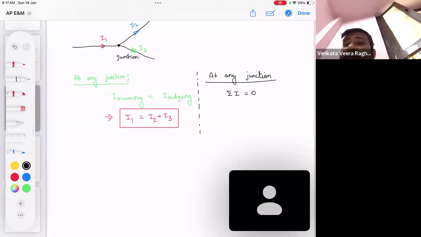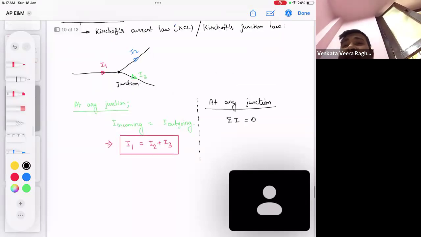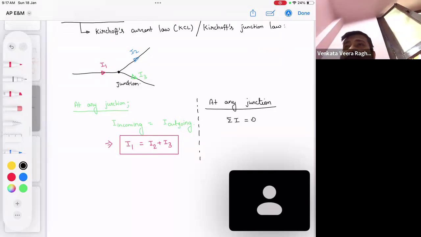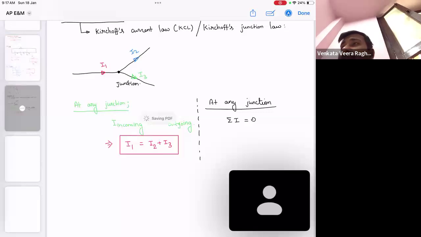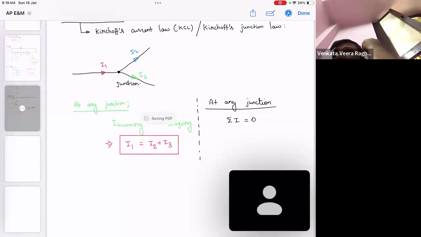So summation of current means what? Are you thinking, sir, I1 plus I2 plus I3 equal to 0? Yes, but with proper sign. So with proper sign means what? In case of current, how do we assign the sign?